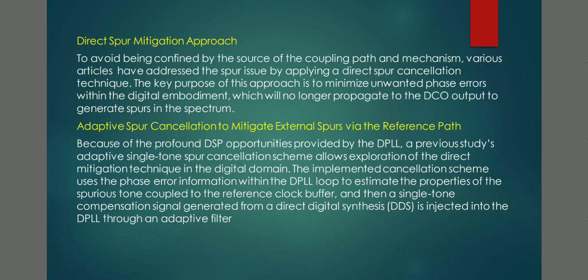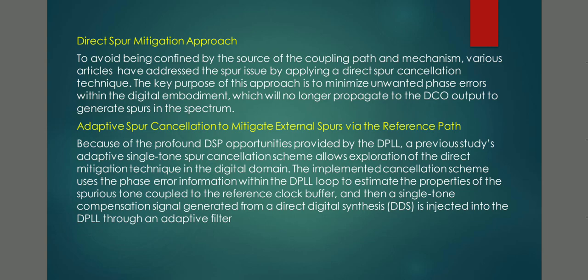Adaptive spur cancellation to mitigate external spurs via the reference path. Because of the profound DSP opportunities provided by the DPLL, previous studies adopting a single tone spur cancellation scheme allow exploration of the direct mitigation technique in the digital domain.